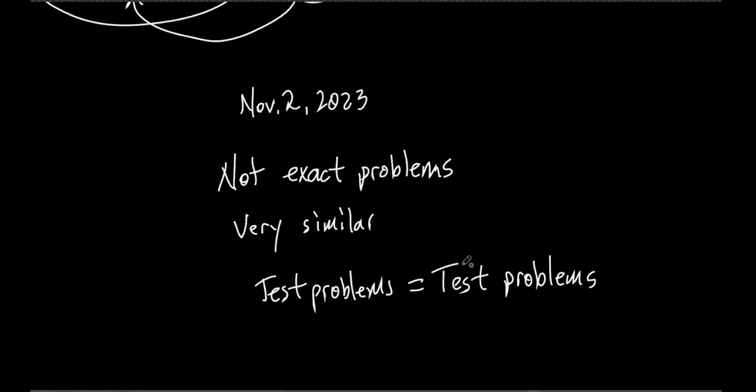Sometimes they have the same principles, but they're not exactly the same. But the test, what did I put? Test problems equals test problems. That was dumb. Anybody catch that? Test problem equals homework problems. All right. My goodness. So the test problem equals the homework problems. So I get the problems that are going to go on the test from the homework. Every single problem on the test is from the homework. All right. So anyway, I don't know if that helps you or doesn't help you.